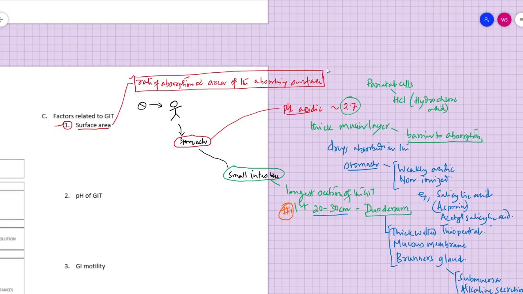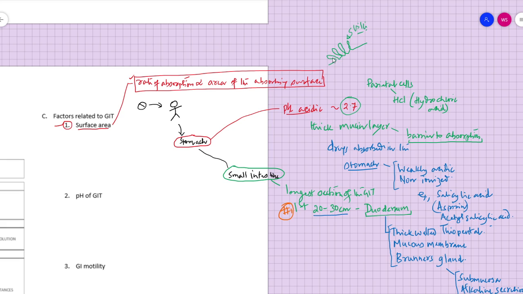Why? Because there are numerous villi, and the membrane is folded.